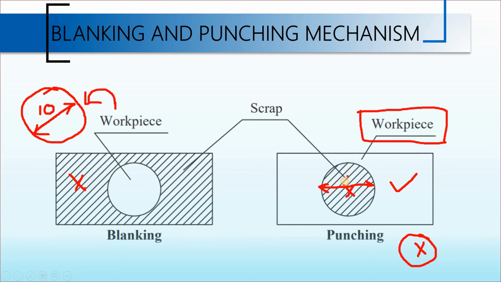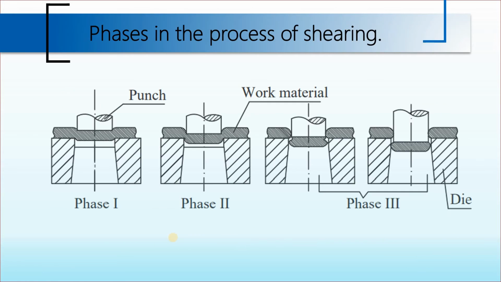Suppose we have to keep this 10 mm, and we have to control this hole diameter, or whatever dimension, this may be square or any form, any profile, but we have to maintain this one. The dimension of the portion that has been cut, we never consider.